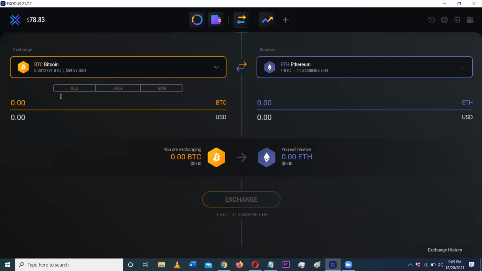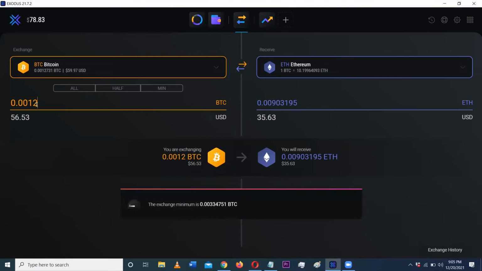So over here you can type the Bitcoin you want to convert. So let's say I want to convert all my Bitcoin, which is 0.0012731 Bitcoin. That's what's in my account.